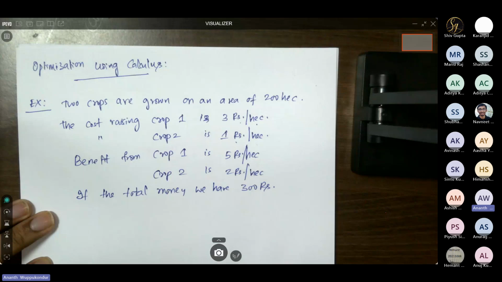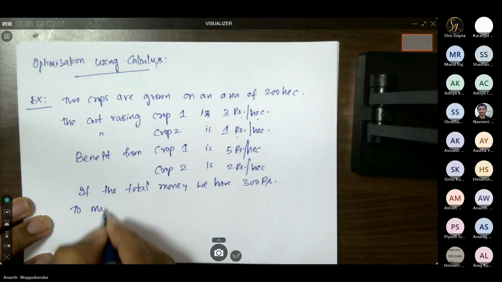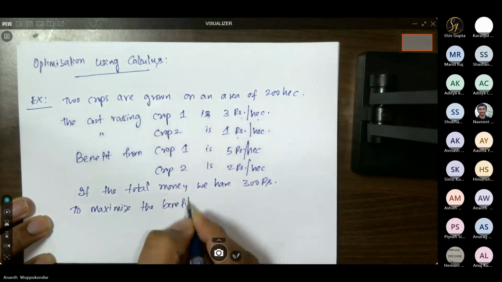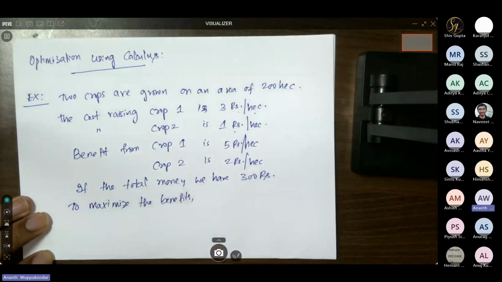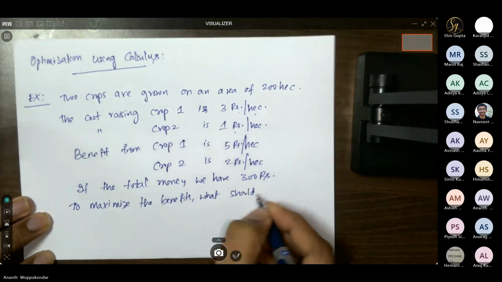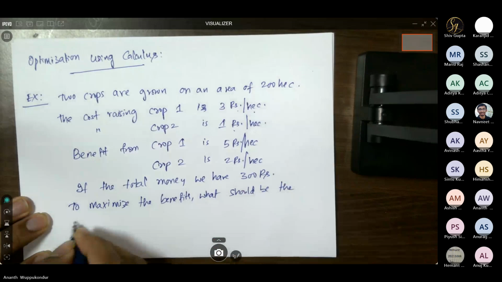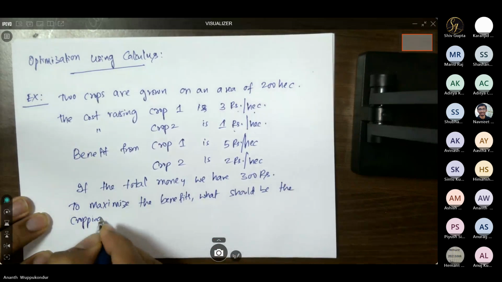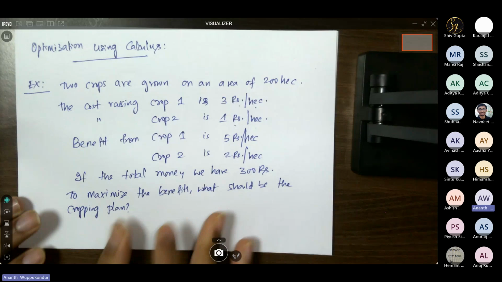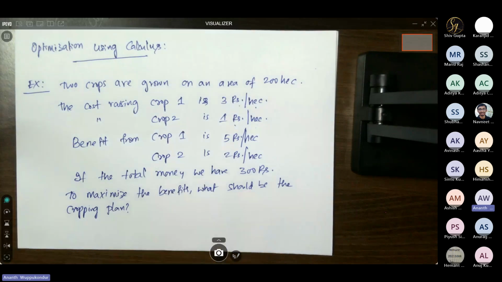Now to maximize the benefits, what should be the cropping pattern? This is the problem that we need to solve, and we need to optimize the benefit that we get from crop 1 and crop 2.